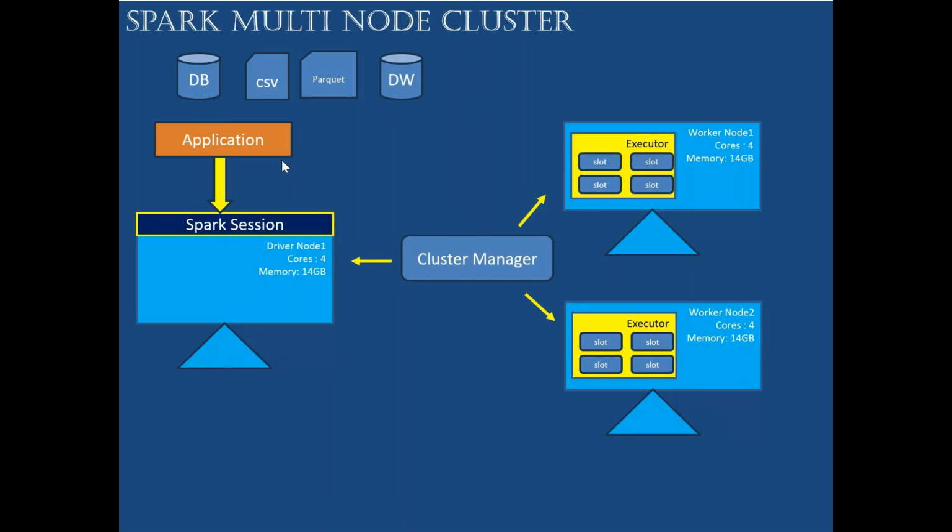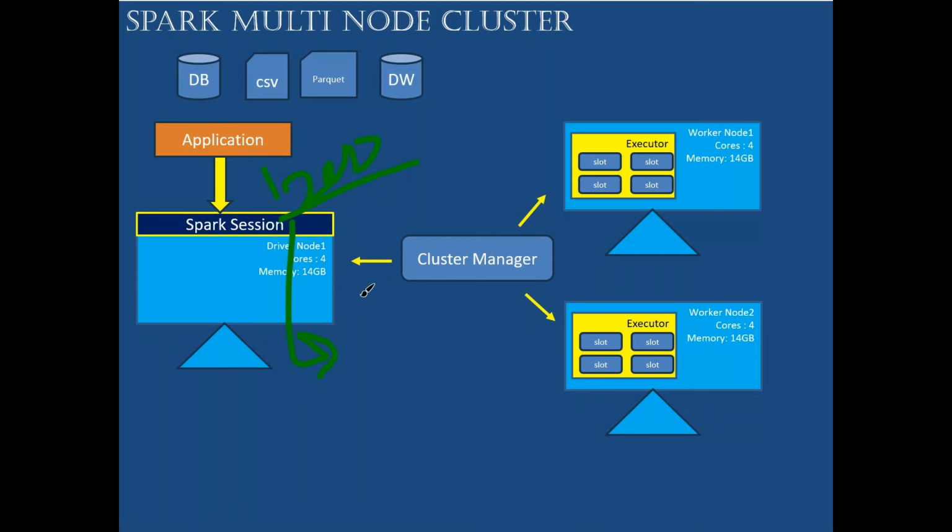Once the driver thinks of the efficient way, it will split the entire data into partitions. Each partition is called a task. For example, let's imagine you are reading 1200 records. The driver thinks, okay, 1200 records, I need to process them.